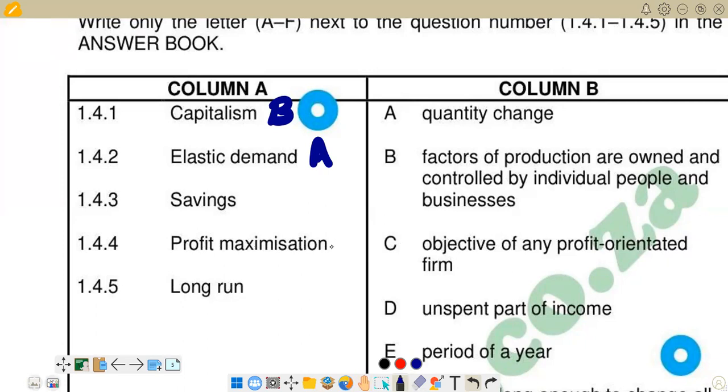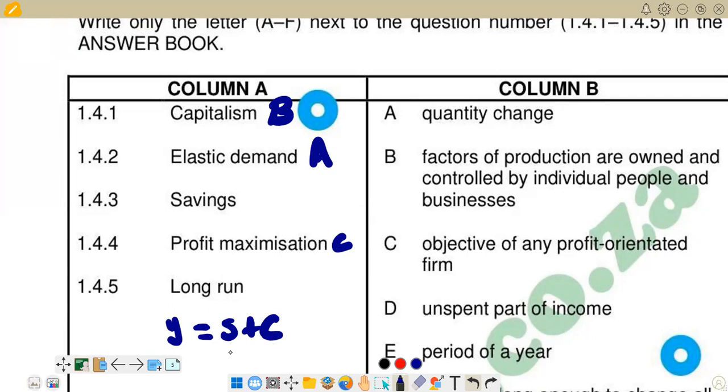So for 1.4.4, we have C. Then we have unspent part of income. And we know that income, either we consume it or we save it. Income on its own is equal to savings plus consumption. So Y is representing income, S is representing savings, C is consumption.